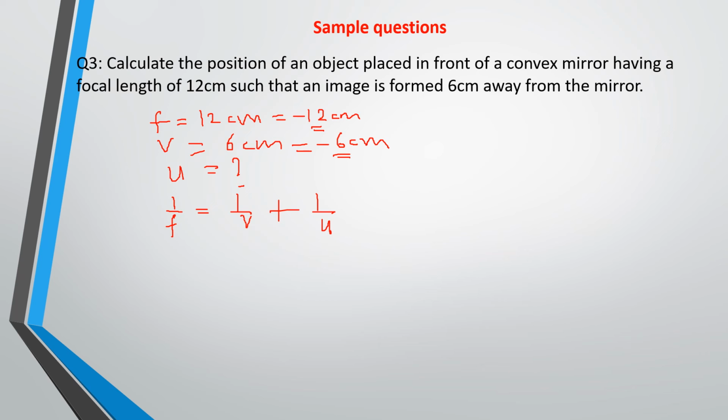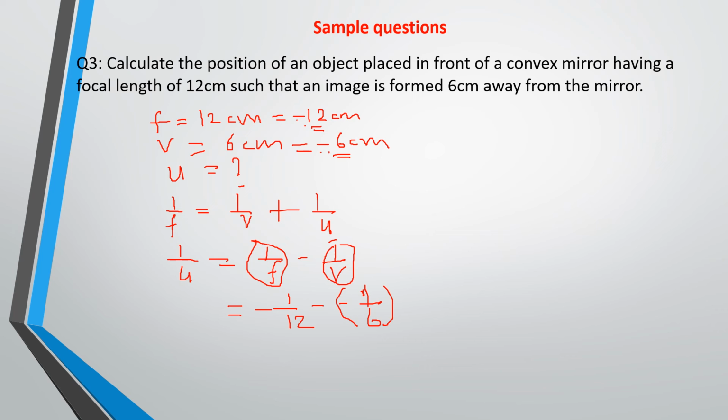We want to find U, so let's make U the subject of the formula. 1 over U will be equal to 1 over F minus 1 over V. If you substitute these values of F and V into this equation, taking cognizance of the signs, that F is negative and V is negative, we are going to have minus 1 over 12 minus bracket minus 1 over 6.